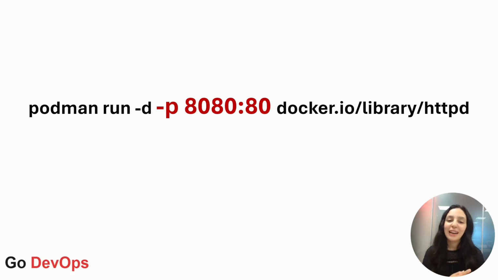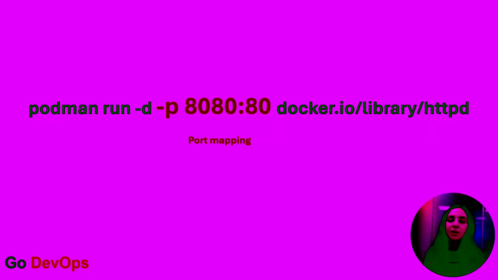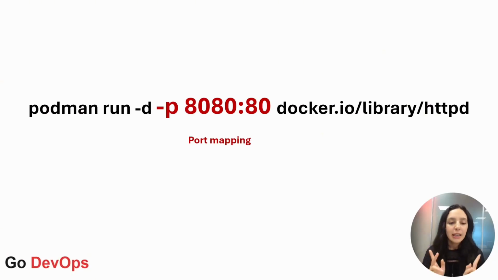And finally, let's look at another extremely important part of this command. The P option is port mapping, and this is one of the most important networking concepts when working with containers. Here the application inside the container listens on port 80, but containers run in isolated networking environments, meaning that the host machine cannot directly access container ports automatically.